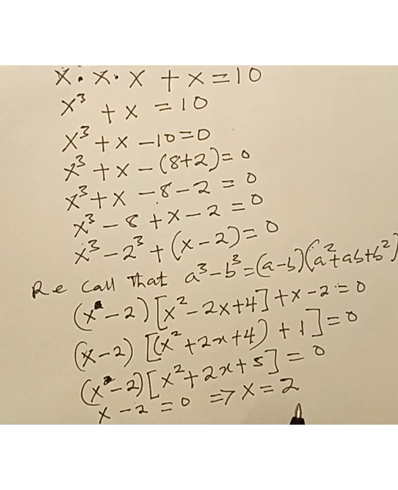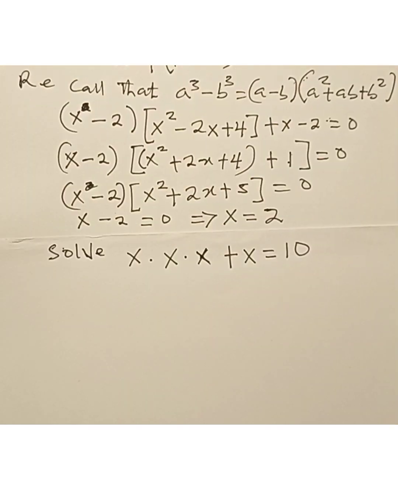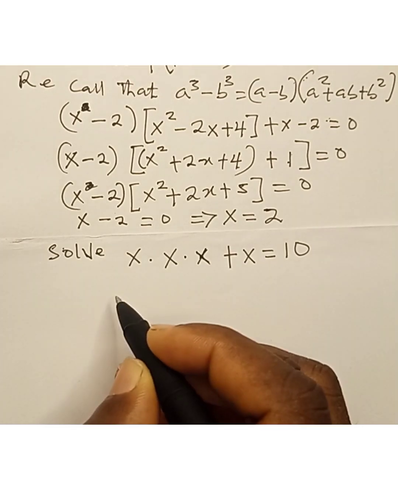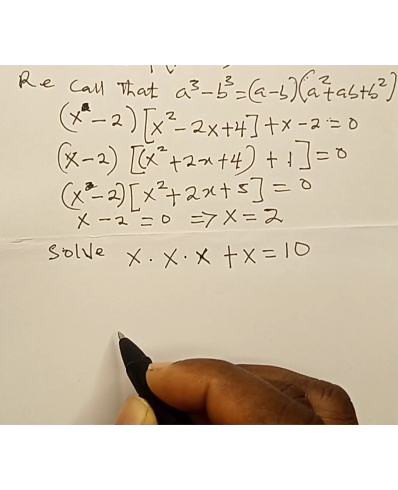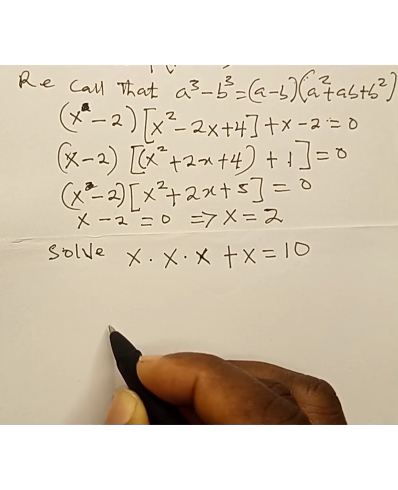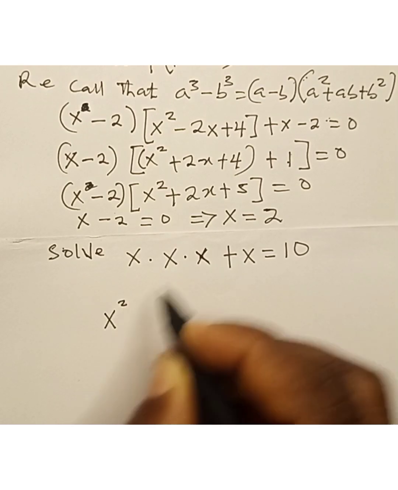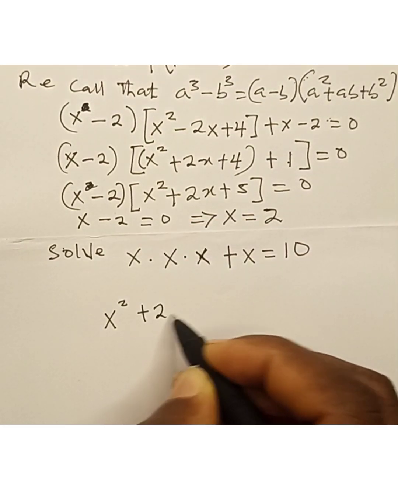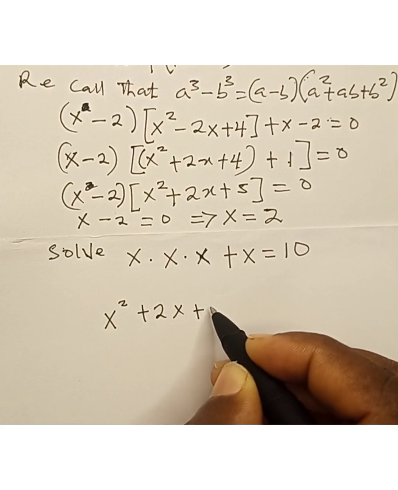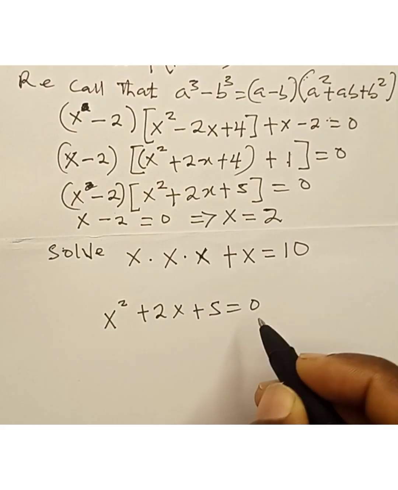The second equation will be the equation that has to do with X square plus 2X plus 5 equals to 0.